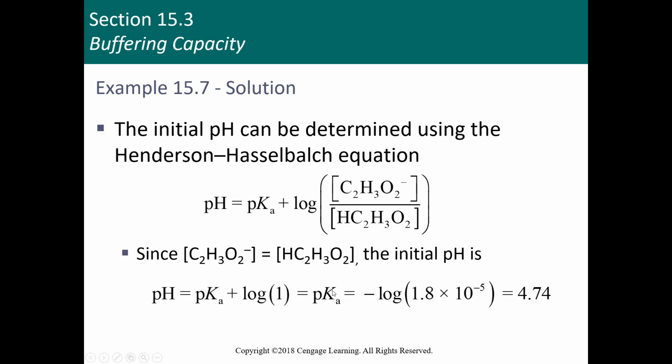And so that's plus 0 there. And that means our pH in this case is just the pKa, the negative log of the Ka. So our pH in this case is 4.74, which is what our pKa would be for acetic acid.